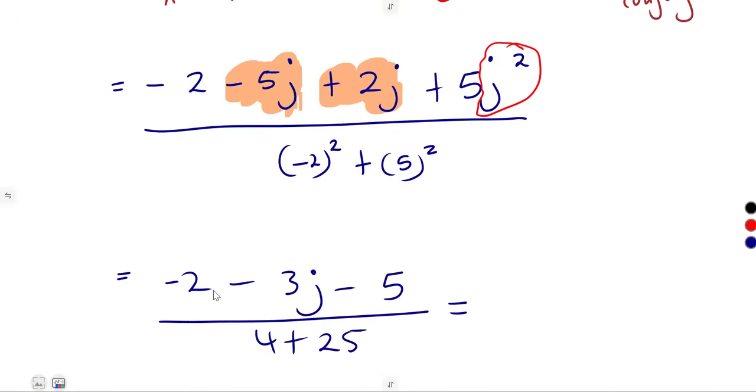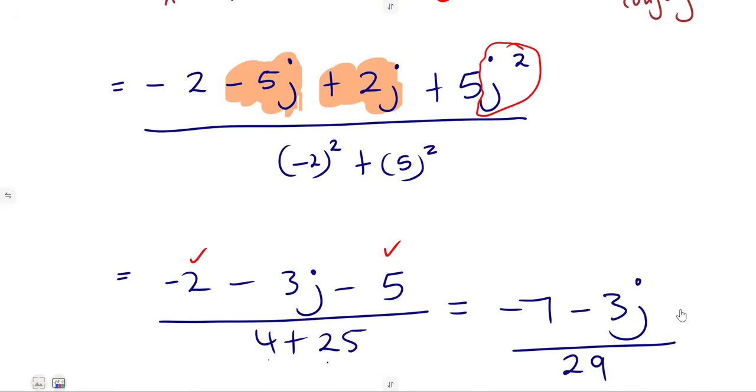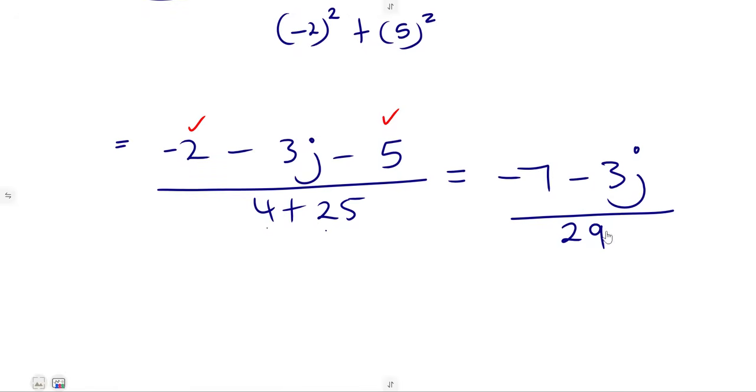So combining these numbers, negative 2, negative 5, that's negative 7. Then the part of j is minus 3j as it is over 29. 4 plus 25 is 29, so everything is over 29.